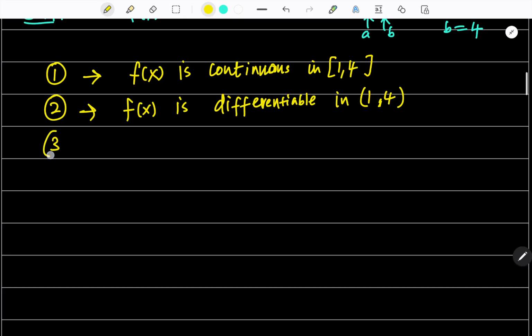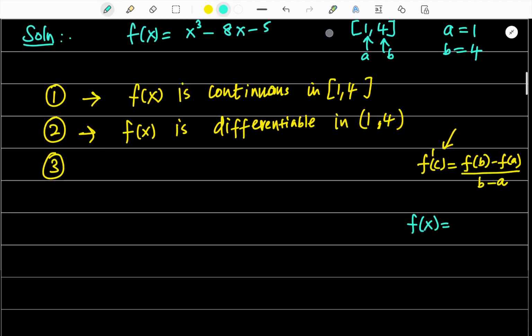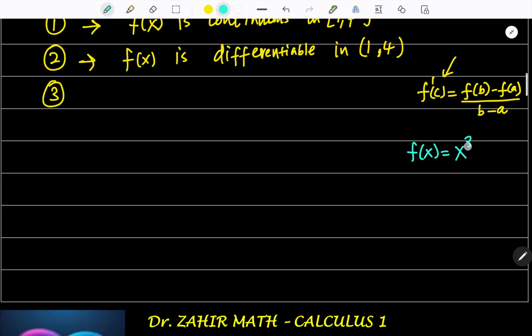Then what is step number 3? Step number 3, you have to use the formula. f dash of c equals f of b minus f of a divided by b minus a. So we want f dash, right? So we are going to calculate f dash. Your f of x is x cube minus 8x minus 5.